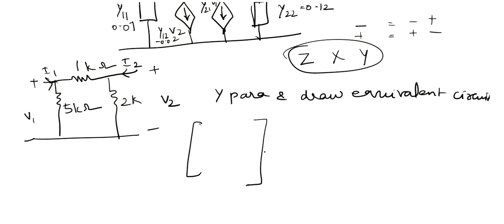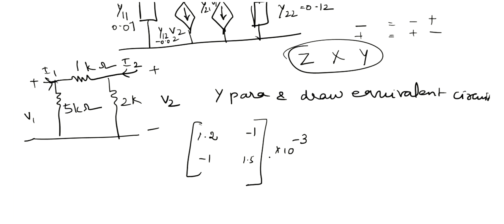I am writing the answer. You just try and tell me whether you are getting the same answer. Clear? 1, minus 1, minus 1, 1. Everything will be multiplied by 10 to the power of minus 3. Why? Because everything is given in kilo ohms, and you are taking the inverse since it is an admittance.